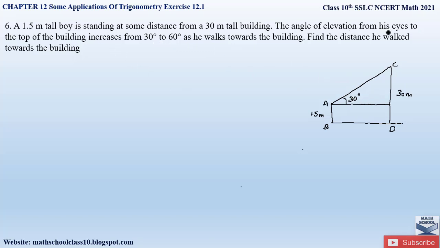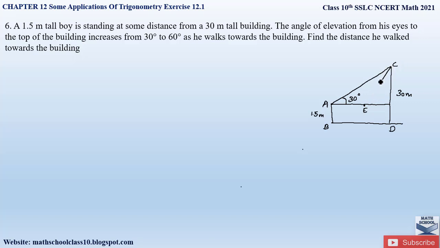The angle of elevation from his eyes to the top of the building increases from 30. So first it is 30 degree and then it increases to 60 degree as he walks towards the building. Now the boy is standing at point A. Now as he walks towards the building, for example, let us take a point E. So this boy is walking from point A to point B. So as he walks, the angle of elevation increases from 30 to 60 degree.